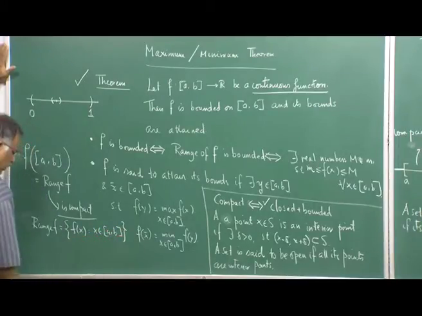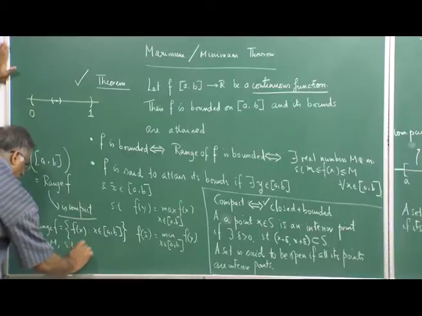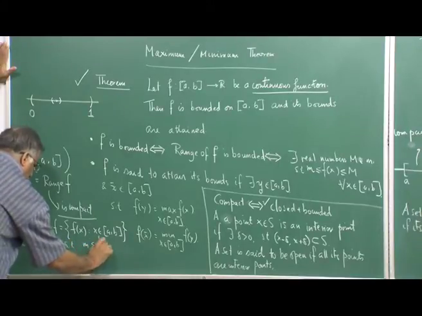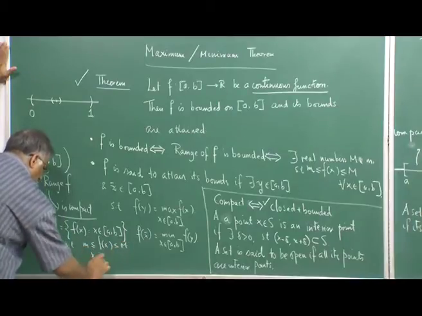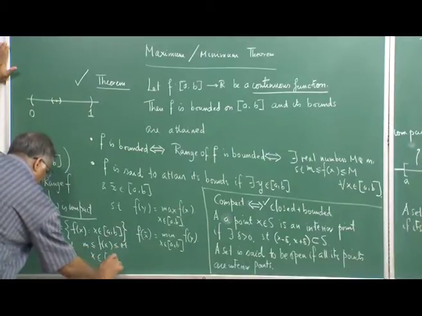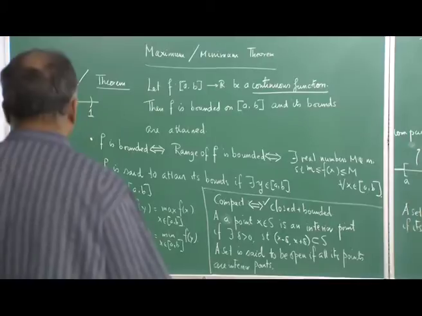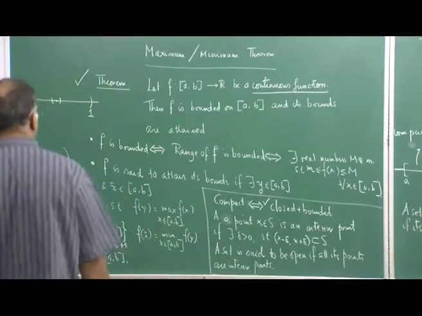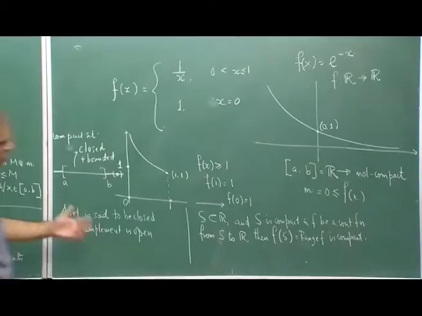Now, what would happen? What is the meaning of this being bounded? That there exist small m and capital M such that the f of x value lies between these two numbers when x is in the interval [a, b]. That's a key idea. So, essentially then we have proved this fact by using an important result, but we are not going to prove this result.